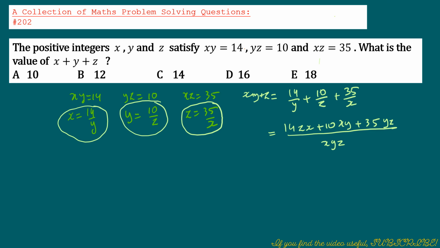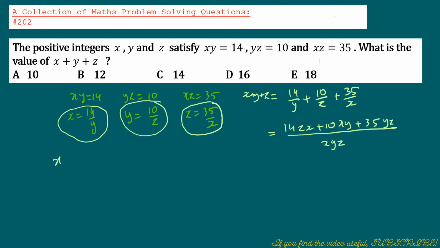xyz would simply mean you have to multiply xy, which is 14, yz, which is 10, and xz, which is 35. We have to multiply all those three terms together.